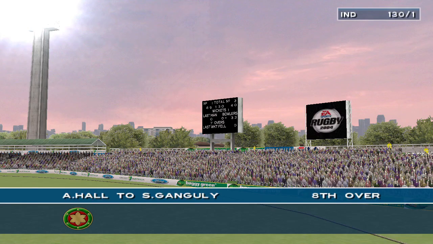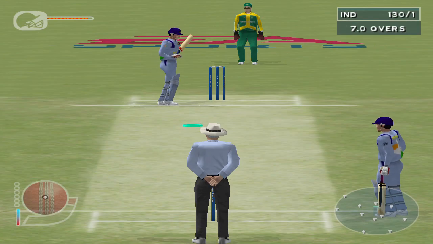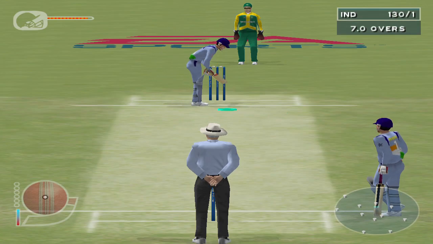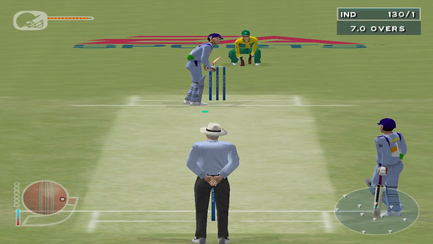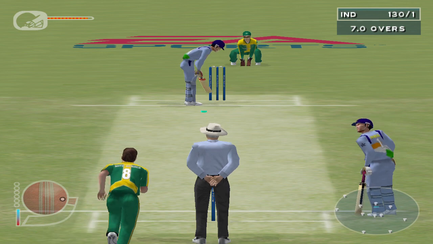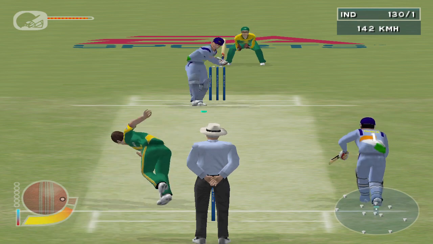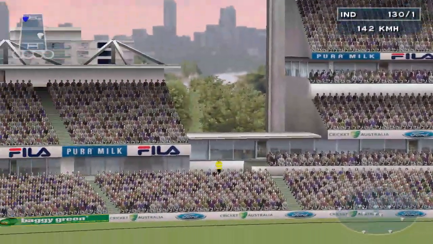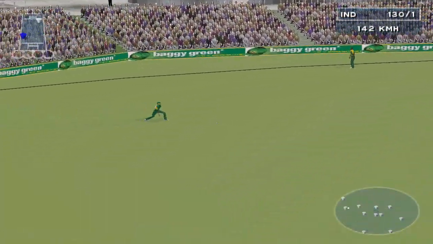India have taken their total on to 130. 4 bowlers have now been used by Smith. There it goes. Yes. Peterson couldn't quite reach it.